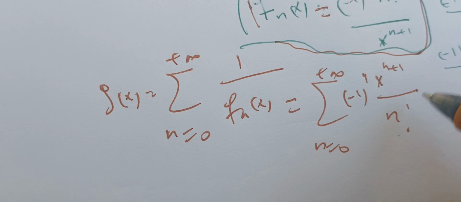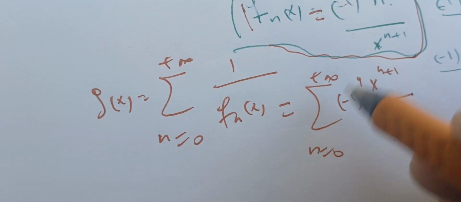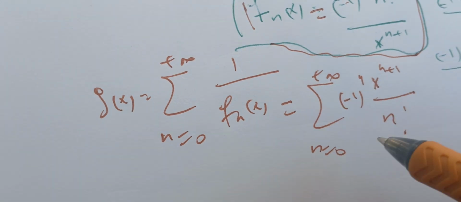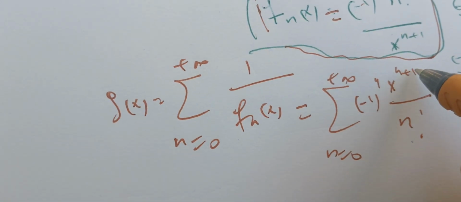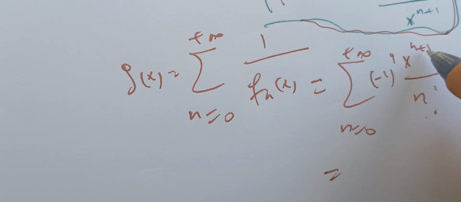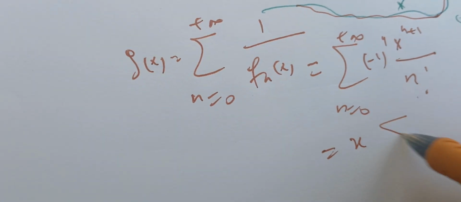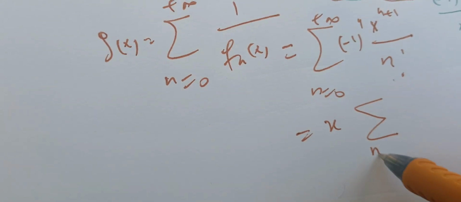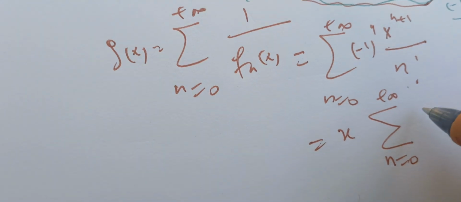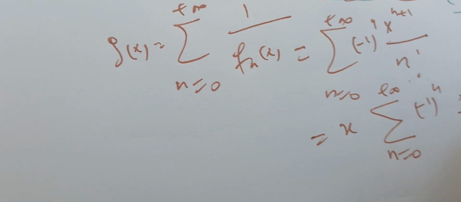Okay, but I need to get 1 here. So here I can split x to the power n plus 1 as x times x to the power n. So I take x outside. I'm going to have x times the sum n going from 0 to infinity of minus 1 to the power n x to the power n over n factorial.